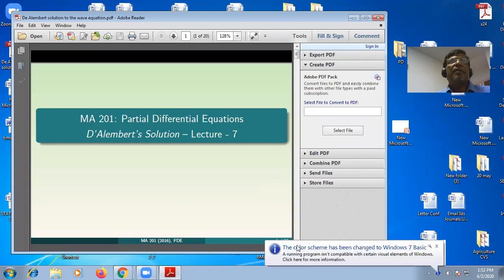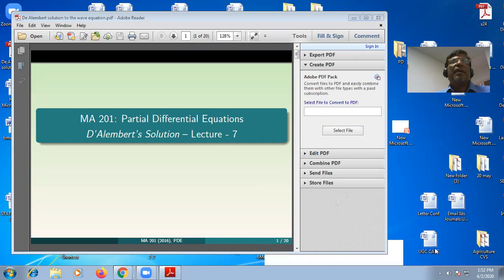This is the application of actually partial differential equation, and this is D'Alembert solution.